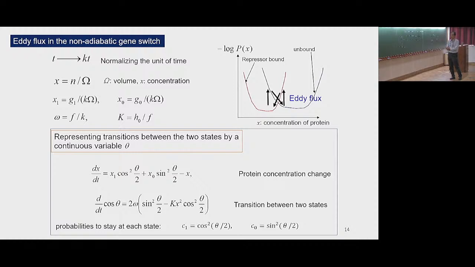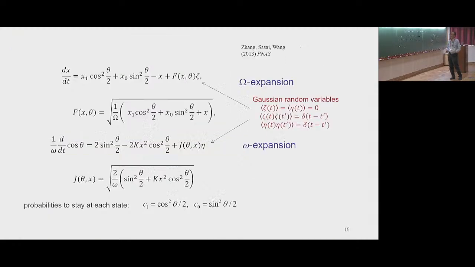And this is the protein concentration change. So this is the stochastic diffusion process if we add noise here. And this is the diffusion process corresponding to the jump between two states.